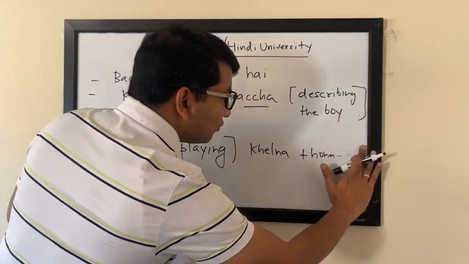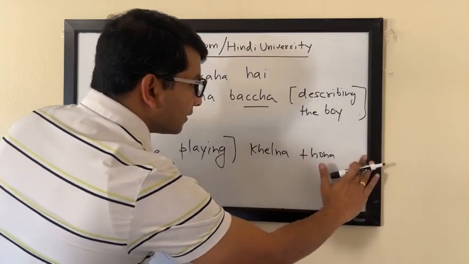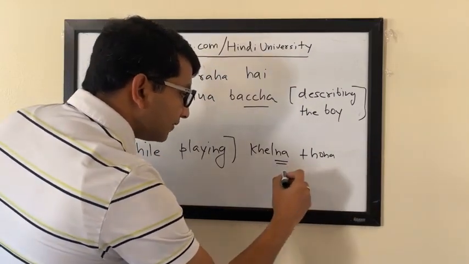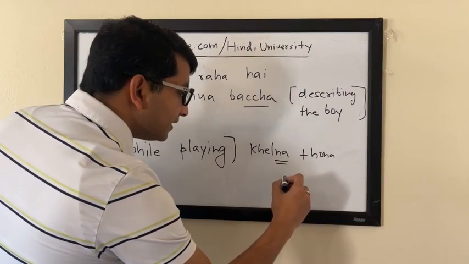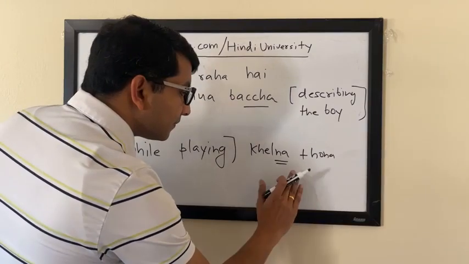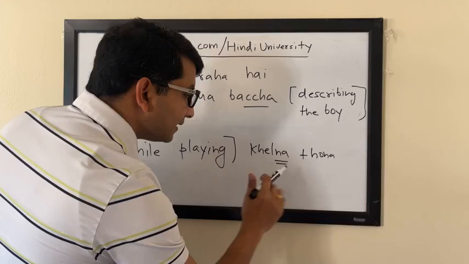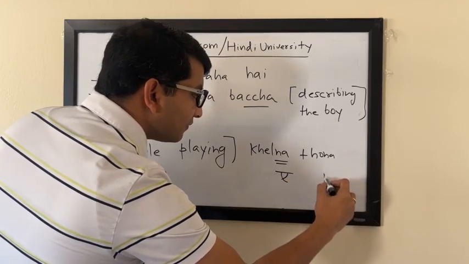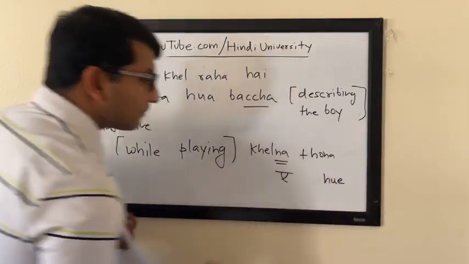Let's say I remove ladka here altogether. When used as an adverb, this will always be ending with a sound. I'm going to write it in Hindi basically, a, and then this will always be ending with hue by default.